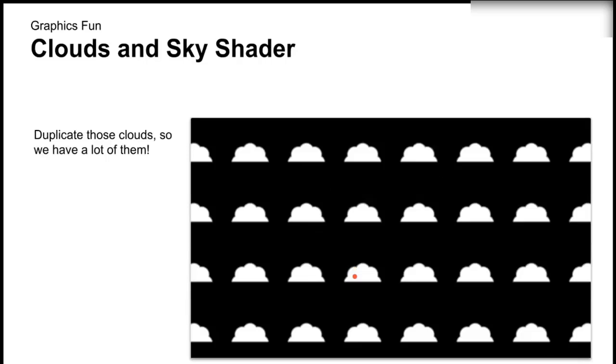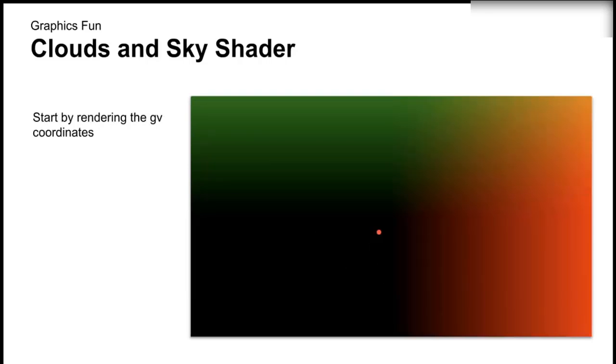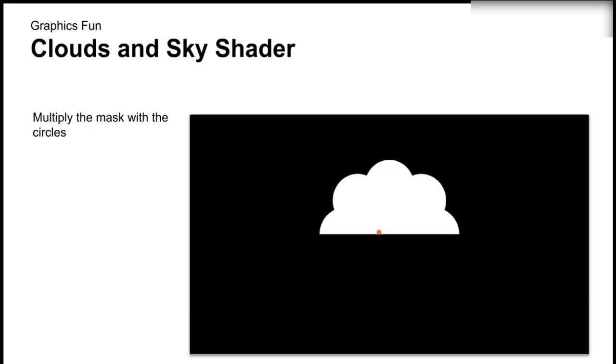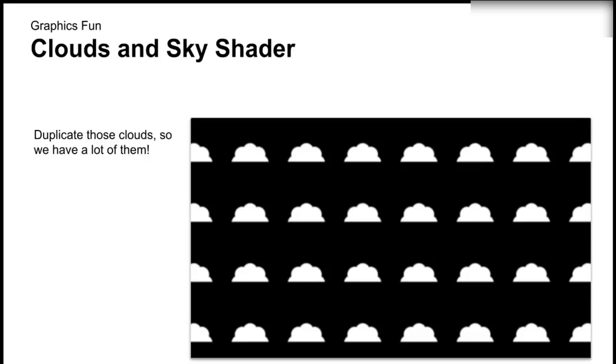Then there's this crazy step that is pretty common in ProcGen frag shaders, where you can take your original GV space, and instead of just having one of them, you multiply and fold the space as many times as you want. And so now there are tons of clouds, but this looks too much like a pattern.